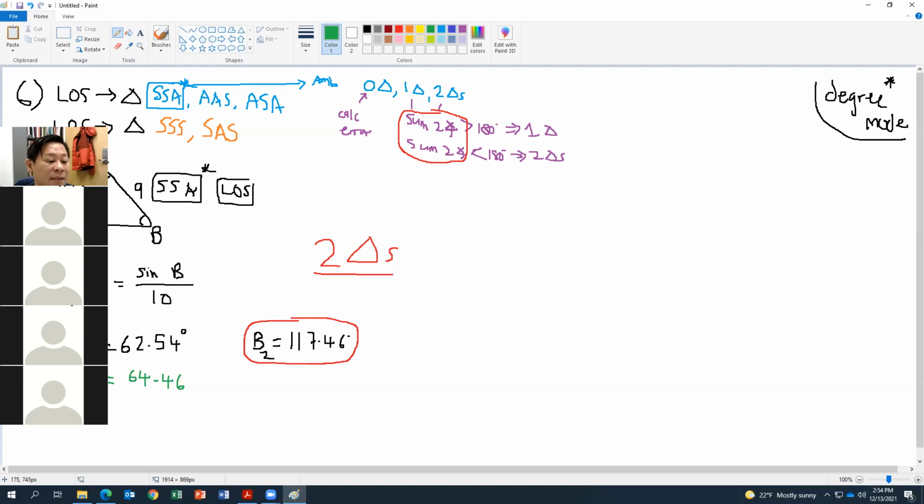So we will use 9 over sine 53 equals C1 over sine 64.46. So you will find C1 in this case. Multiply it, and your C1 in this case will be what?